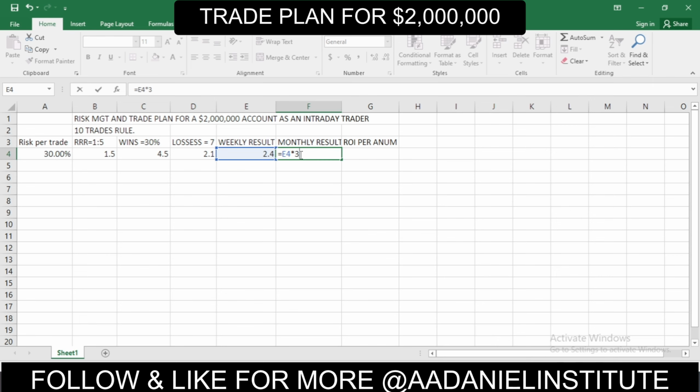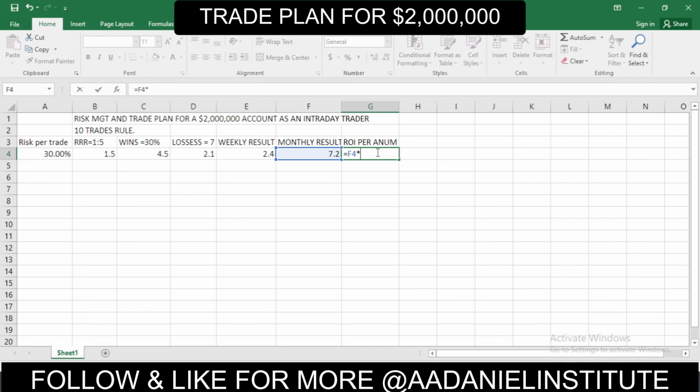I'm trying to make this as probabilistic as we can. So we have 7.2% as a result in a month. Guys, you're making 7.2% in a month. That's a huge profit. Now let's see how many percent this will be per annum.